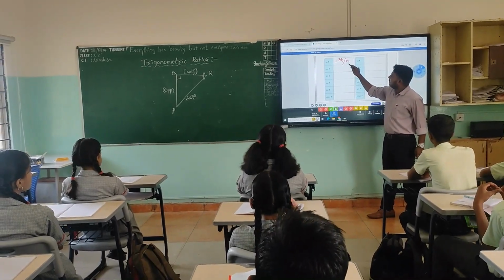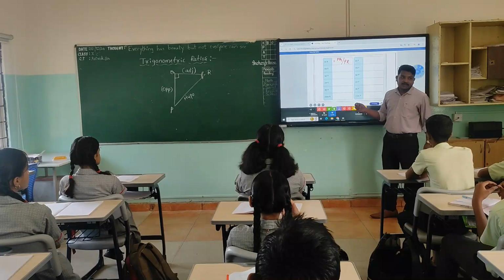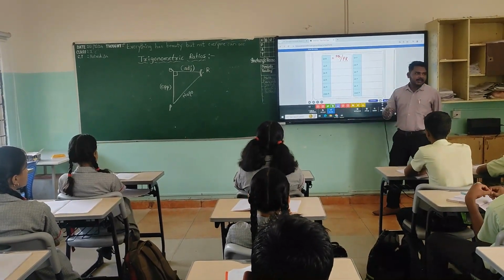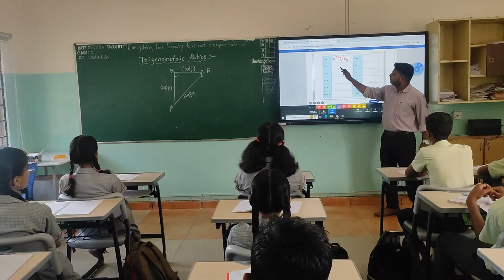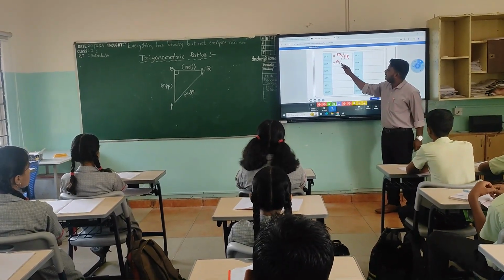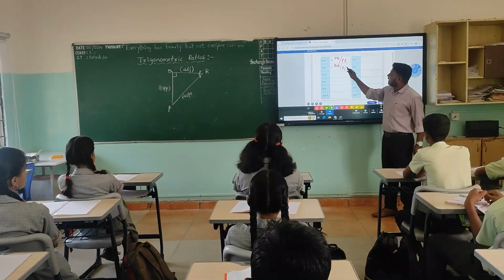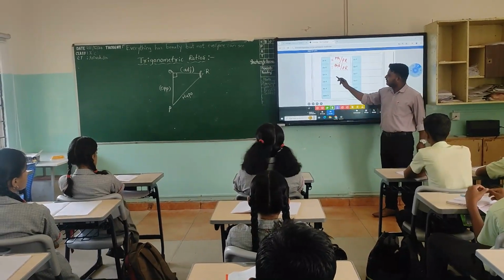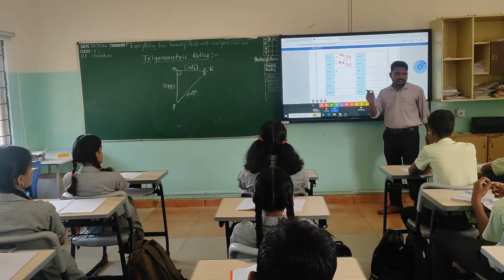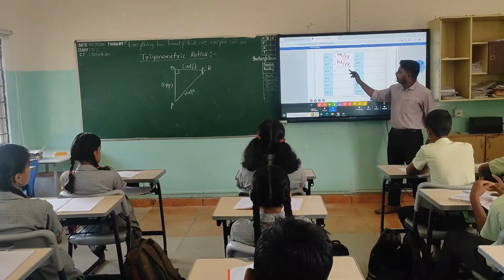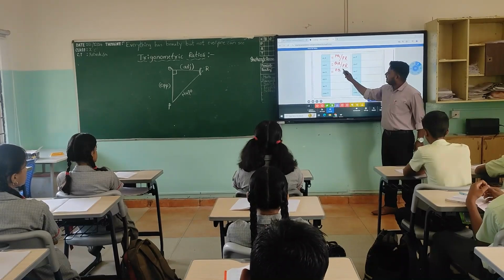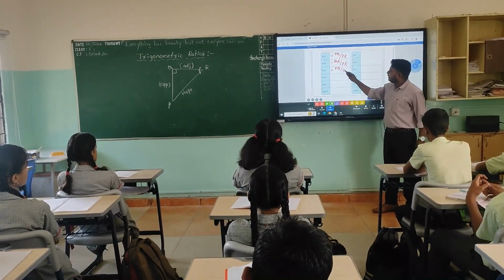So PQ by PR. Next, cos R. Cos means adjacent by hypotenuse. So adjacent QR divided by hypotenuse PR. Next, the third ratio, tan R. Tan means opposite by adjacent. So opposite PQ divided by adjacent QR.